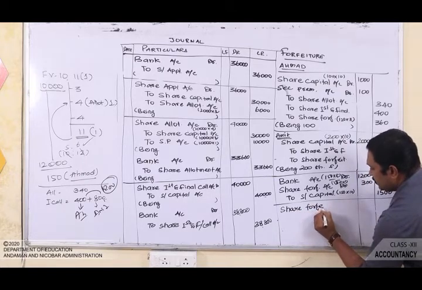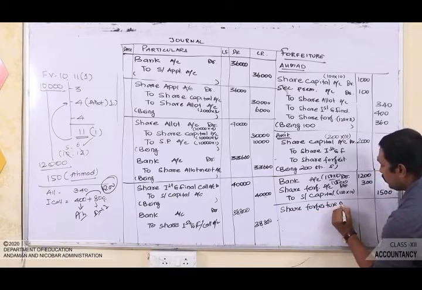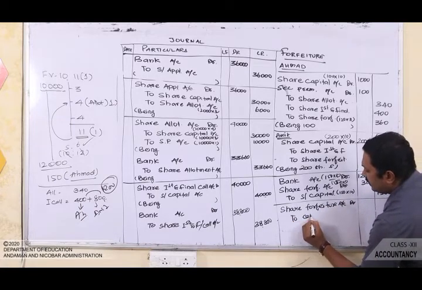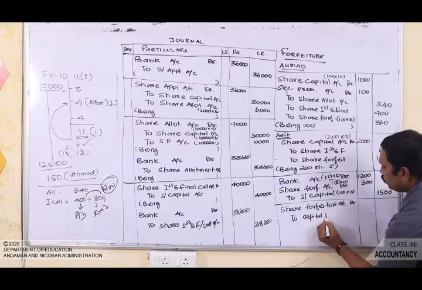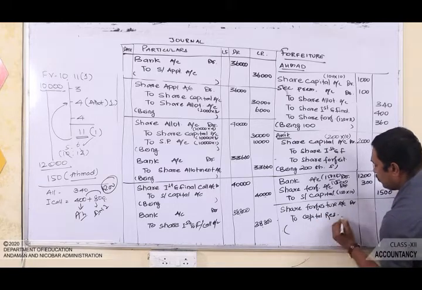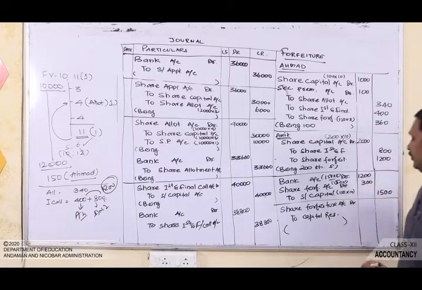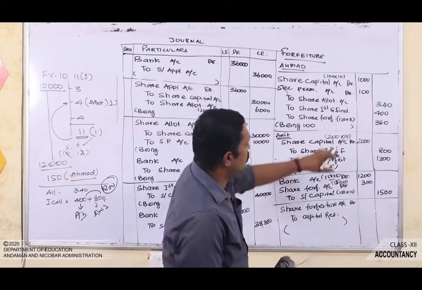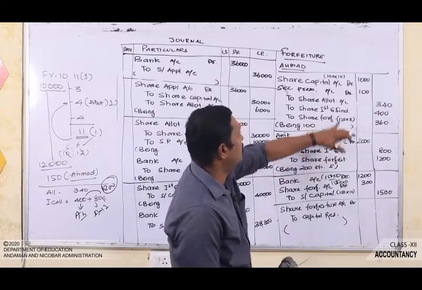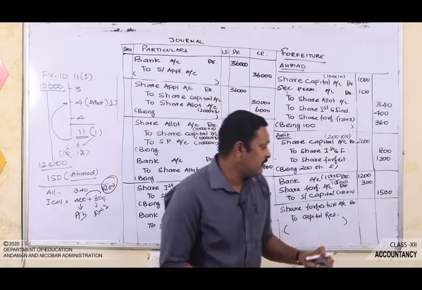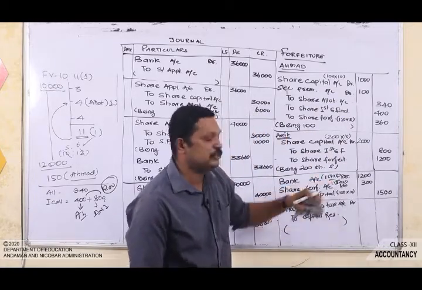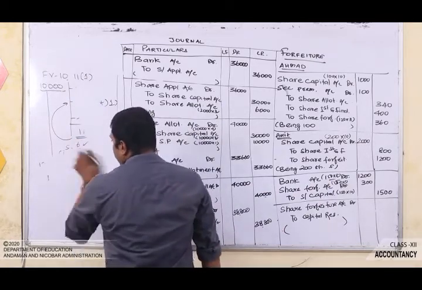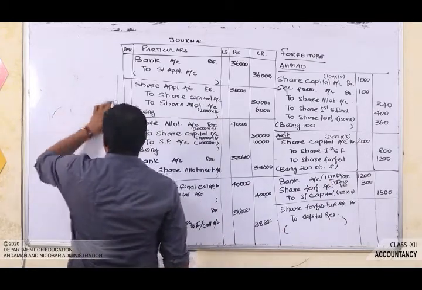Now the last entry, that is share forfeiture account debit, to capital reserve. So this is the problem here, because we forfeited 300 shares, that is 200 of Amit and 100 shares of Ahmed, but we reissued only 150 shares. Now we have to reduce the forfeiture amount in proportionate rate.